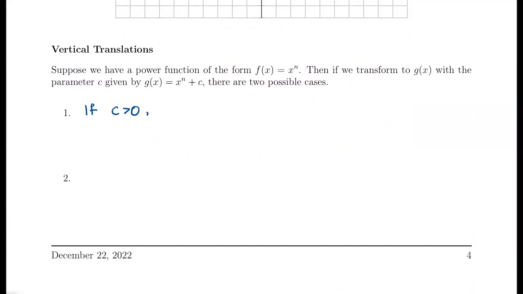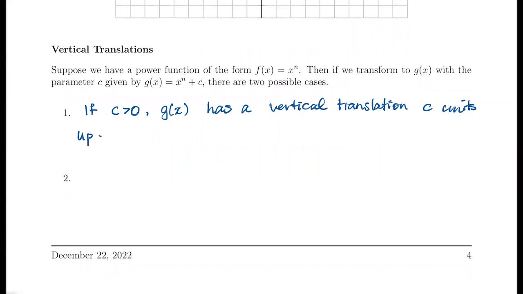So that means g of x has a vertical translation c units up.